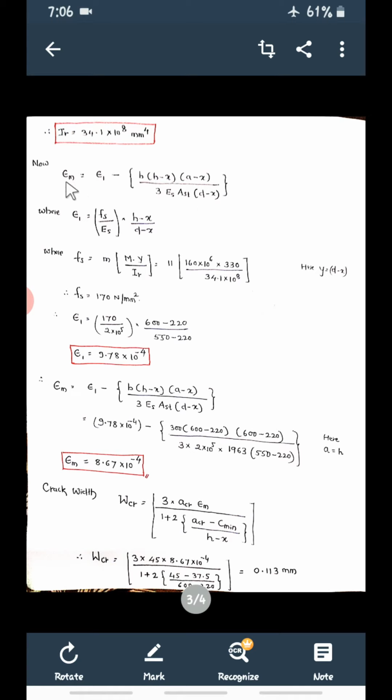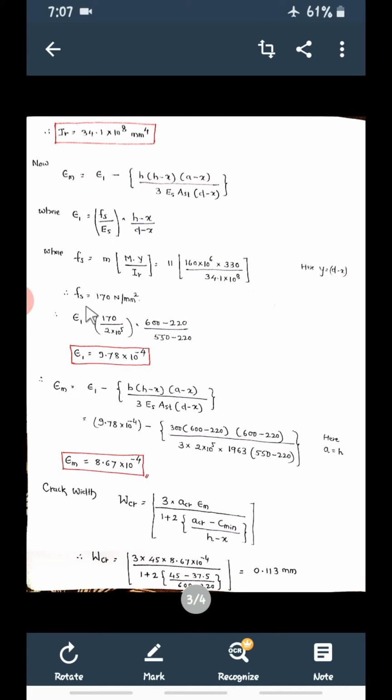But before calculating EM, E1 will be calculated, and this is the formula for E1. Here we have to calculate Fs first. To calculate Fs, capital M is the modular ratio, multiplied by moment into Y, where Y is nothing but D minus X, divided by IR, which we calculated in the previous case. Substitute Fs here; this is Young's modulus of steel and these things are known.